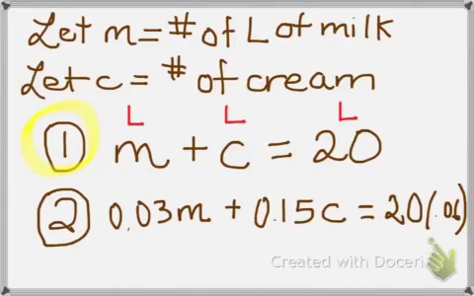And our second equation here, we have 0.03 times the amount of milk, so 3% of the amount of milk, plus 15% of the amount of cream, or 0.15 when we convert it to a decimal, equals 20 liters of 6% cream. Okay, so those are our two equations we're going to start with.